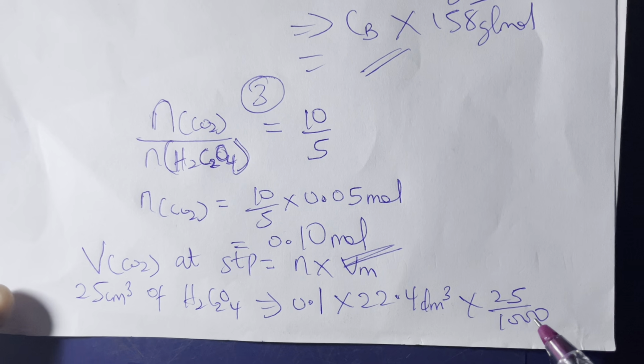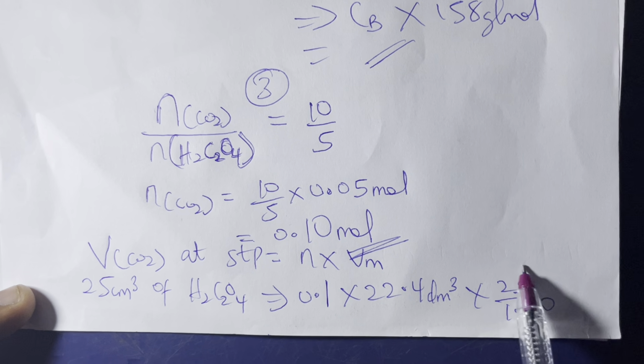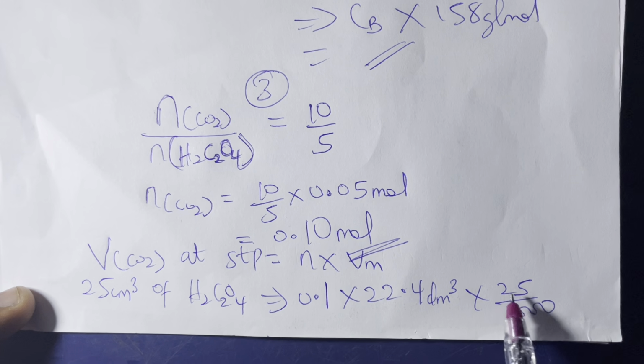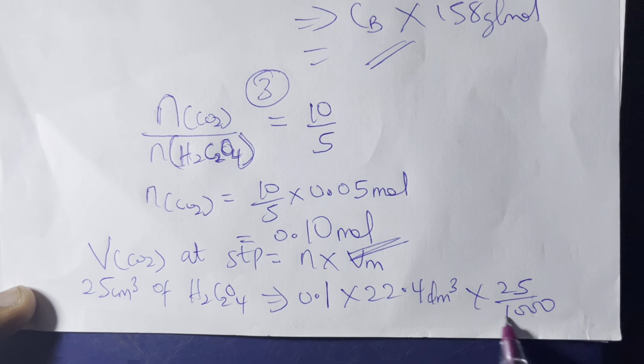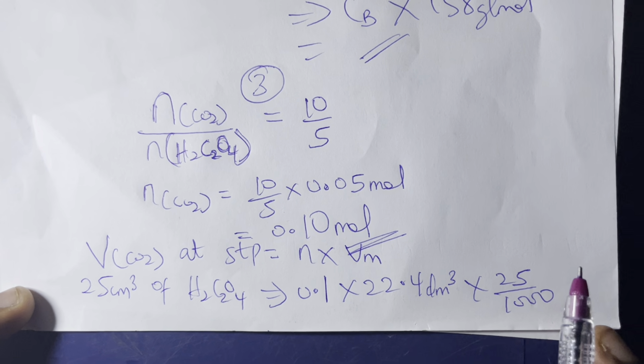How did I get this 1000? They said 25 cm cube of it, which was initially in cm cube, so I divided by 1000 to convert it to dm cube.